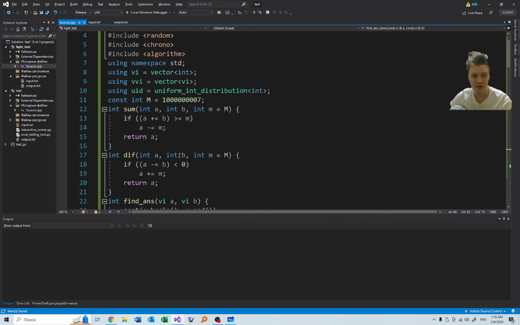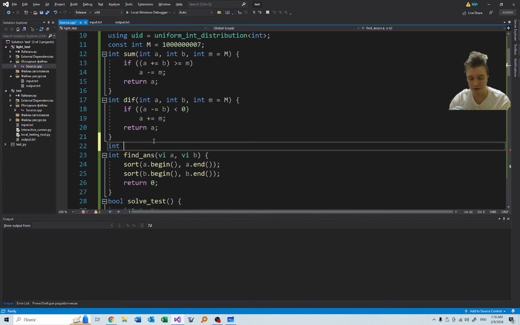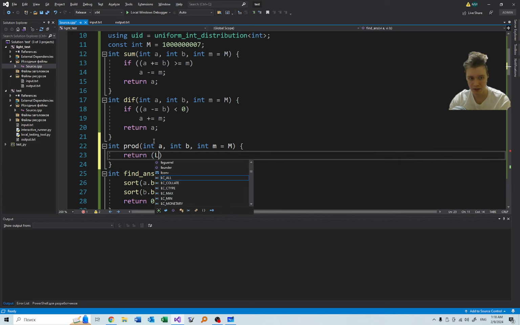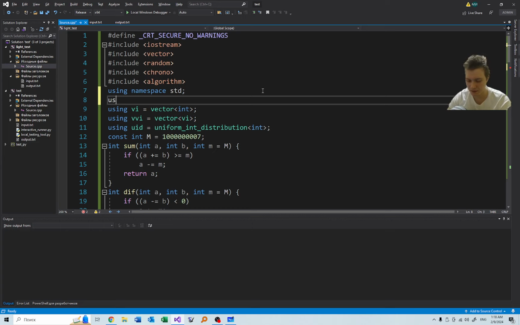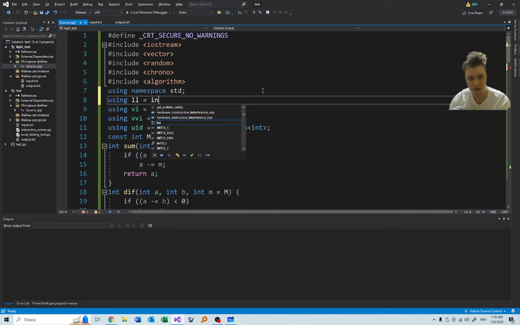And so we need to write the function product, which is again very easy. So return ll A times B percent M. And using LL equals int64_t.